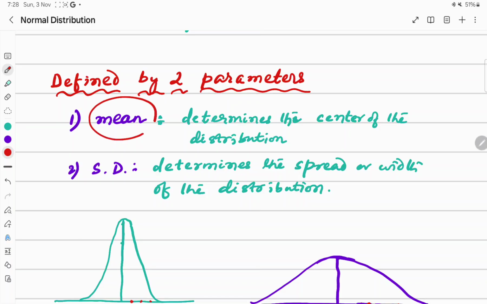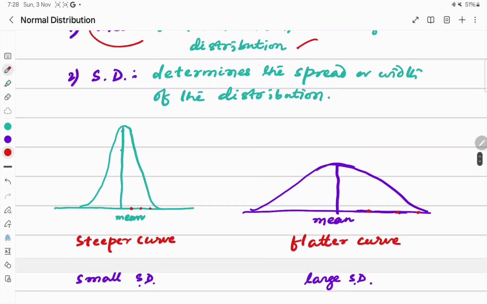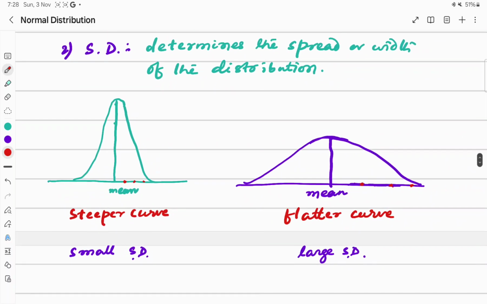One is the mean, because the mean, median and mode all are the same for such data. So the mean determines the center of the distribution, and the standard deviation determines the spread or width of the distribution.